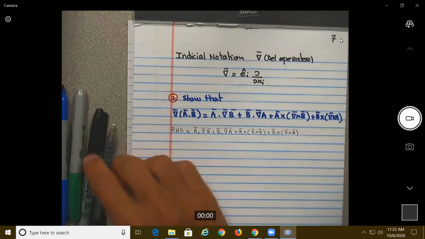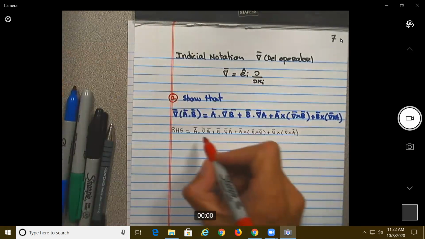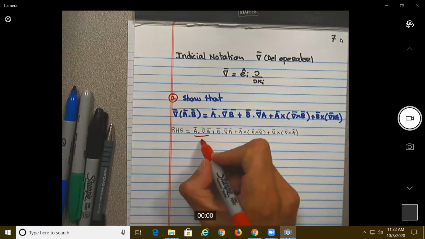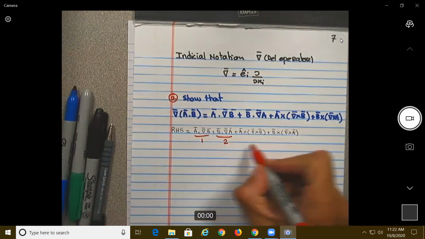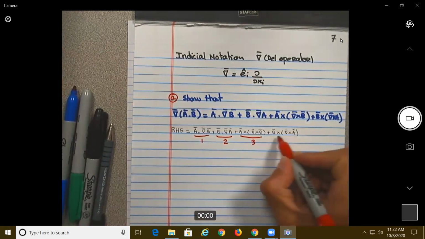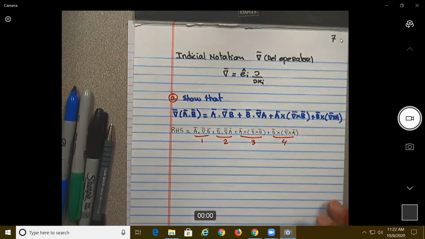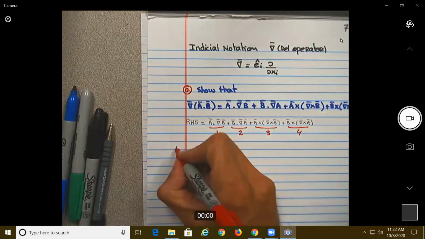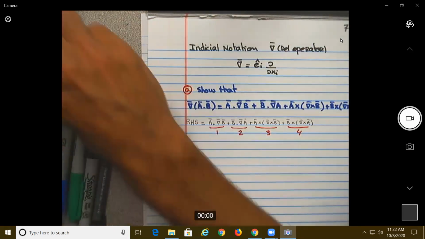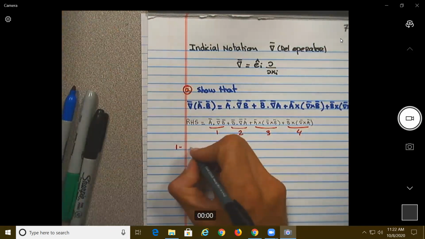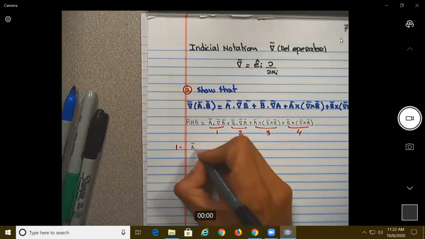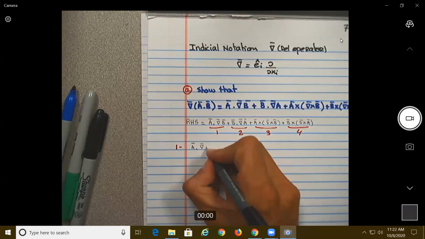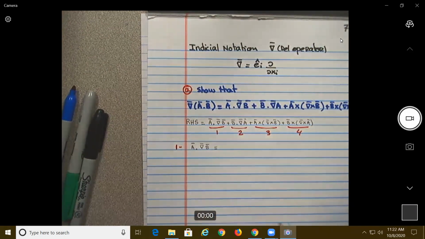Okay, so as some of you did, I broke this into each one of the terms. So this will be 1, this will be 2, this will be 3, and this will be 4. For 1, which is A dot del of B, you can just rewrite this.